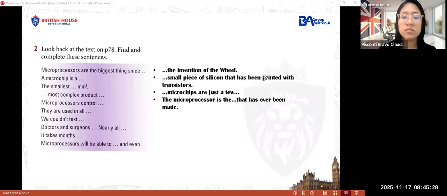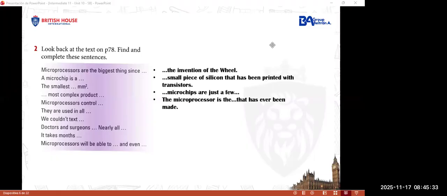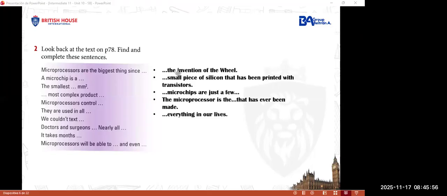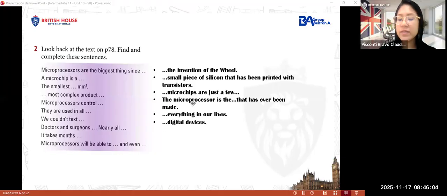Microprocessors control everything in our life. Okay, yes, very well. That's right. Now, Paula, they're used in all digital devices. Very well. Okay, well done, Paola.